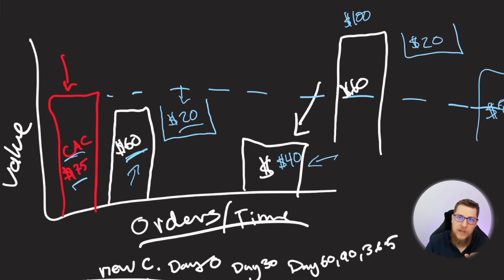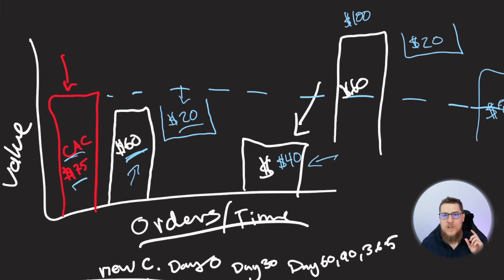We can know that, okay, we're willing to go negative on the first order, given that our LTV can handle that and the cash in the business can handle that, because you do have to float that cash, right? If you lost money on the first order, you have to have enough cash to sustain that, to lose money on every single order until you make your money after 90 days. And so after 90 days and on, all of that money will continue to be profits from the lifetime value of your customers.